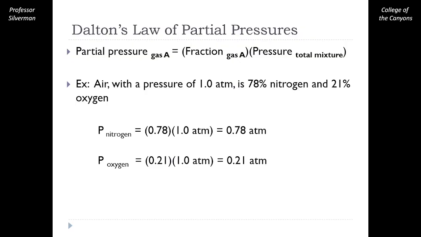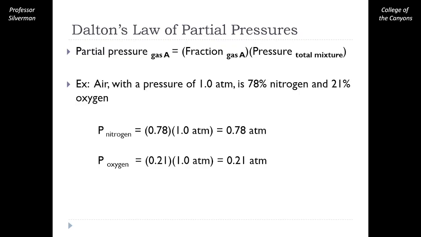Here we can introduce Dalton's law of partial pressures, which states that the pressure due to a single component is based only on the relative amount of that component present. For example, on the previous slide, we showed the breakdown of the composition of just regular air.